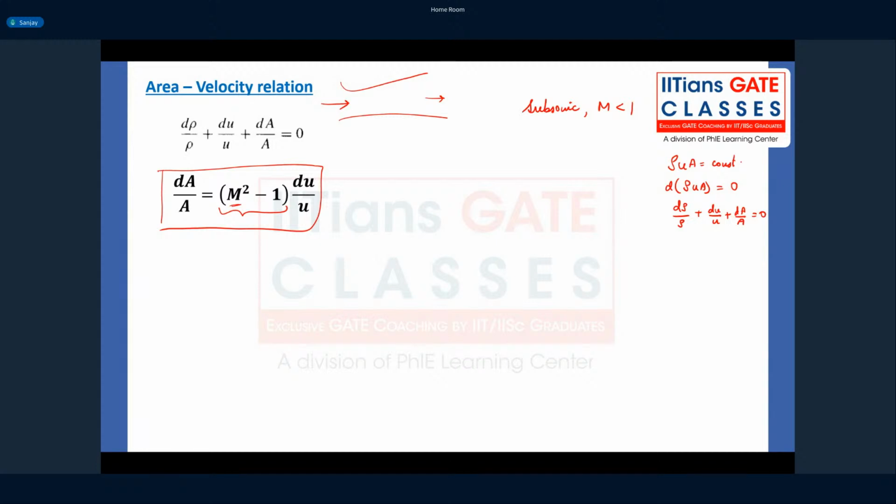Is it going to be positive or negative? It's going to be negative, right? So I can write this as dA by A is equal to minus (1 minus M squared) times du by u.